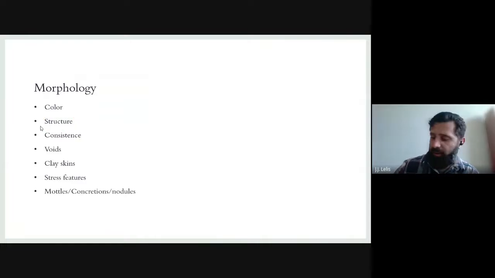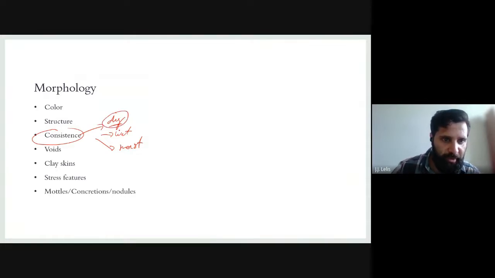We are also always describing the consistency of the material in a dry condition, in a wet condition, and in a moist condition. So we describe how hard the material is to be broken, how friable the material is, and the plasticity and the stickiness of the material. This describes the resistance of the soil in different conditions that represent different water contents in soil.